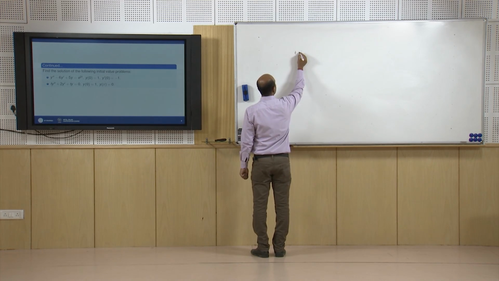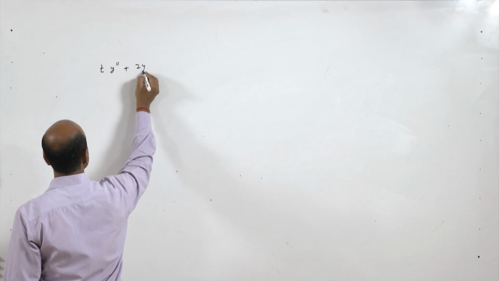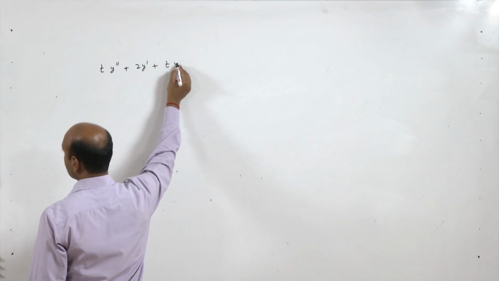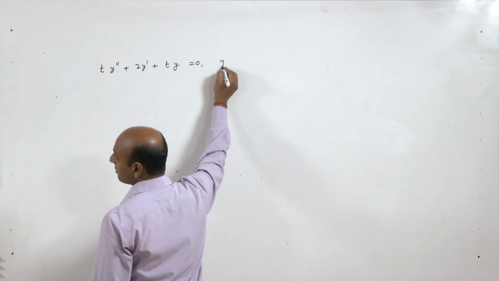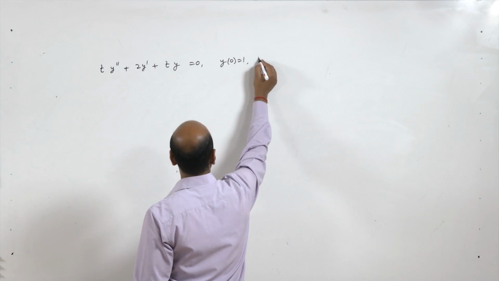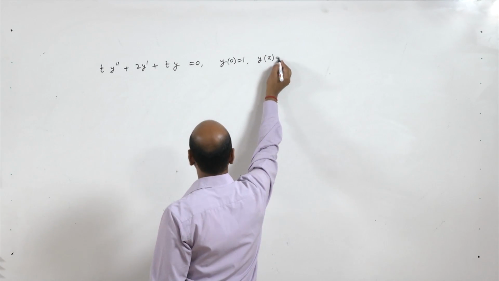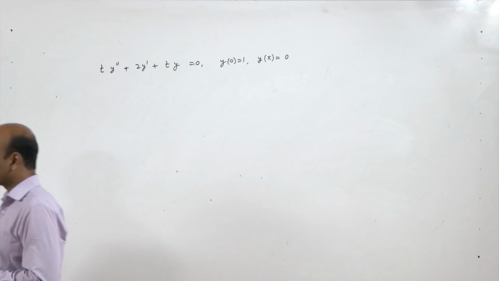Now, next problem: t y double dash plus 2 y dash plus t y equal to 0, and it is given to you that y at 0 is 1 and y at pi is 0.